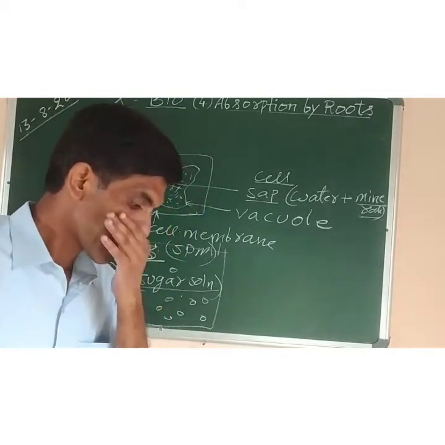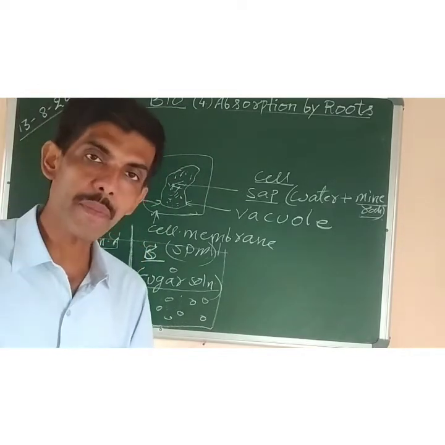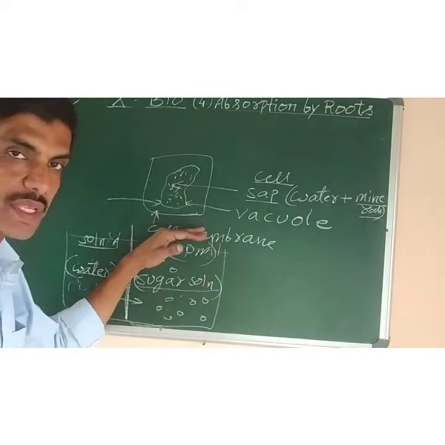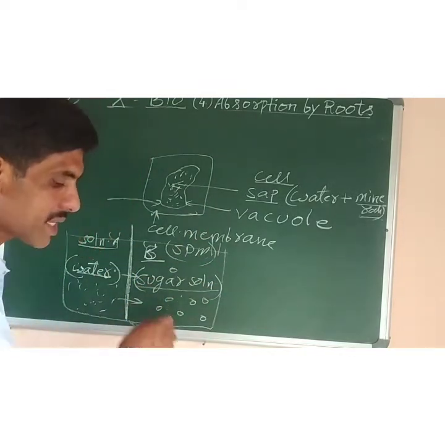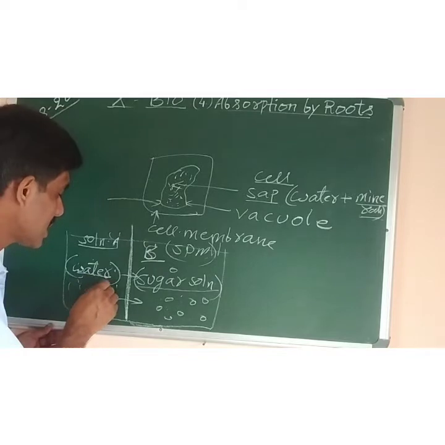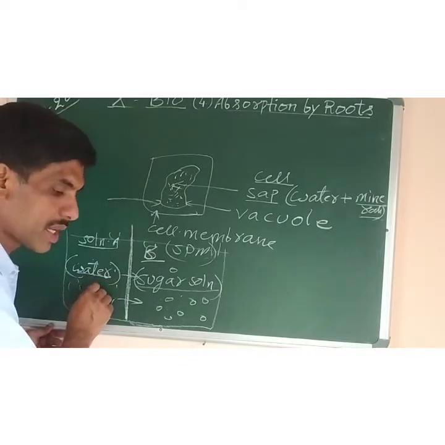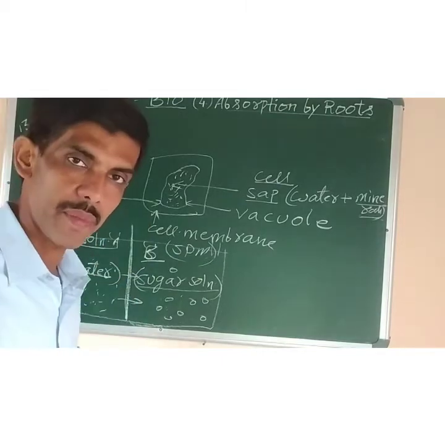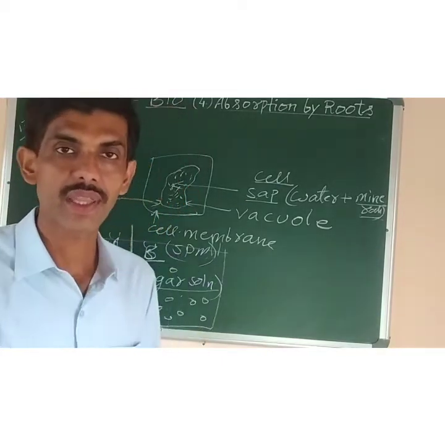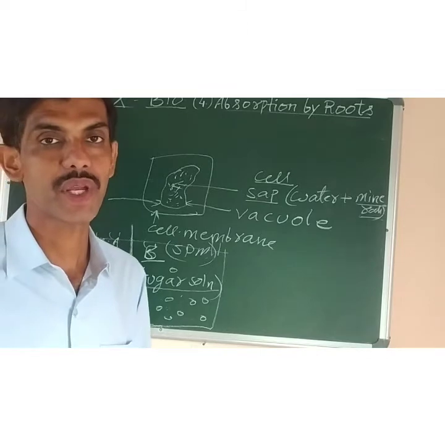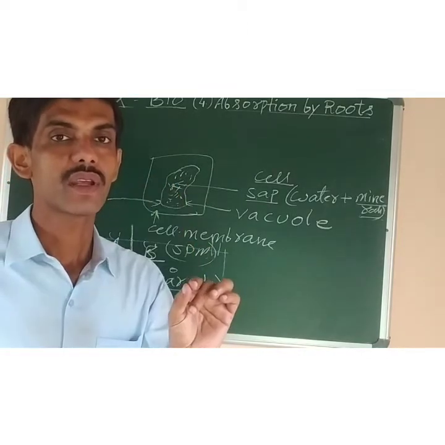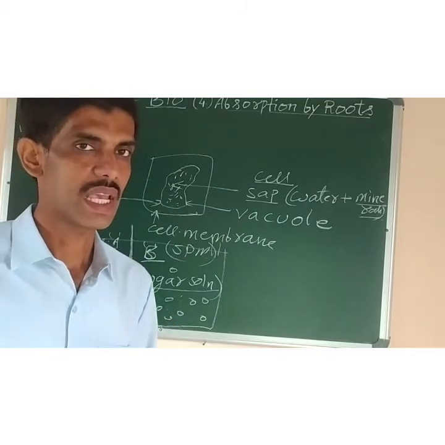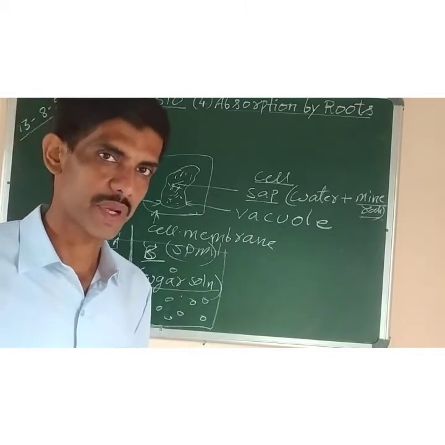So next, osmotic pressure is the minimum pressure that must be exerted, exerted means applied, to prevent the passage of solvent, solvent means the water molecules, when the two are separated by a semi-permeable membrane. So whatever I told in the beginning, that simple definition: what is osmotic pressure? The pressure applied to stop the process of osmosis is called osmotic pressure.